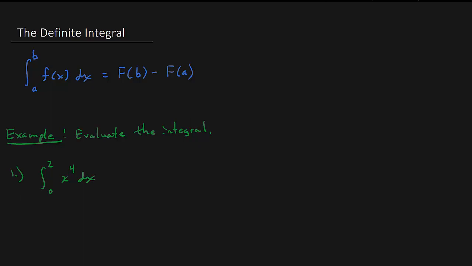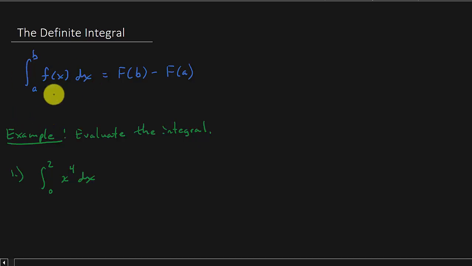Back for another video. This video is the definite integral. So it's going to be similar to the video right before this one, the area under the curve. We'll use a little bit different notation now, and this is the notation you'll use going forward.